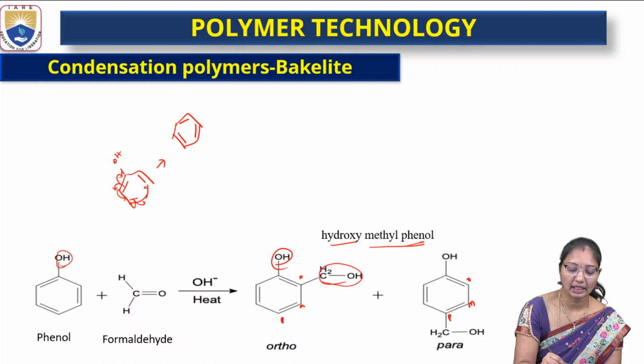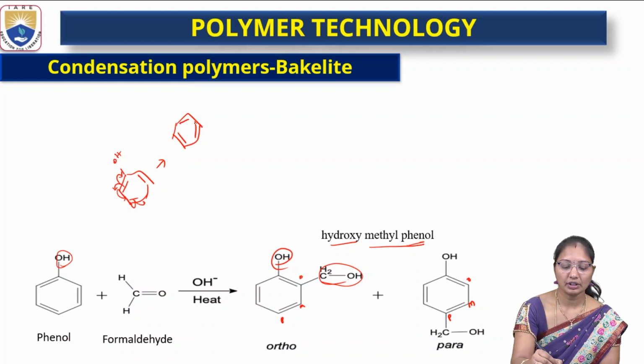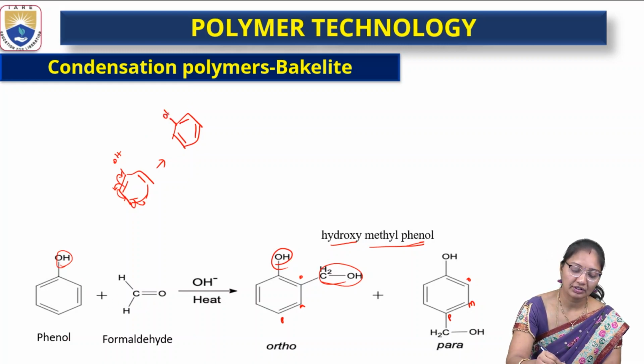Due to the movement of electrons and the attack of the OH minus ions, CH2OH comes here, and it causes the change. So this is the phenol again with the hydroxymethyl group, CH2OH.